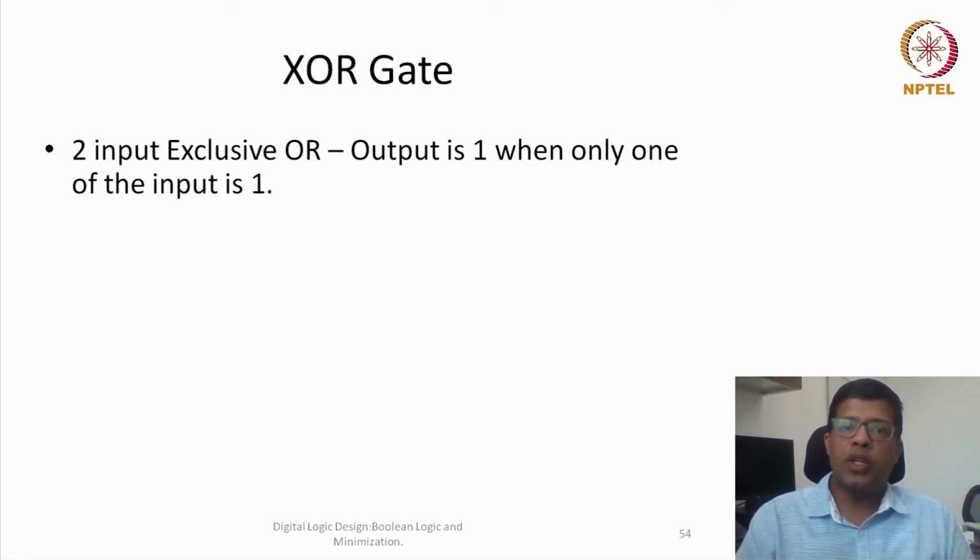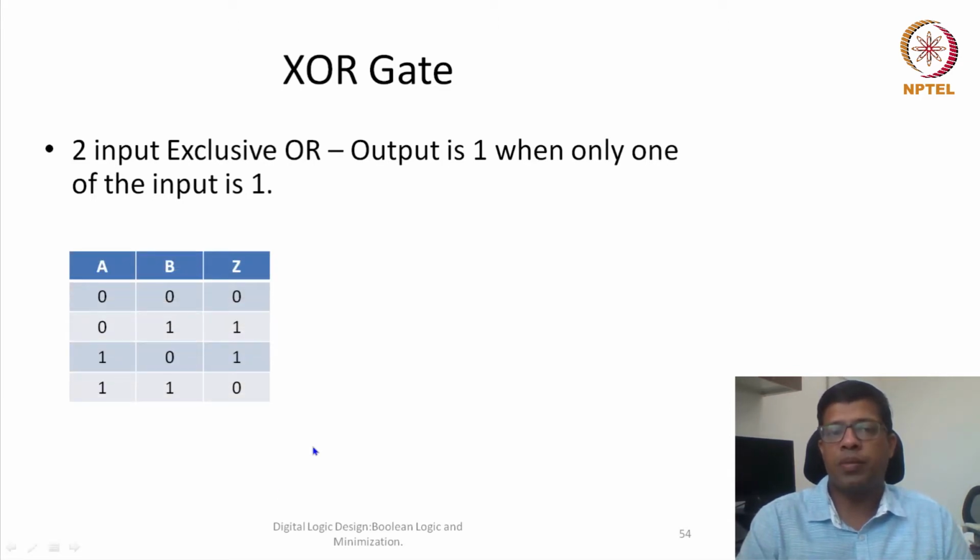If I write the truth table, only one of the inputs should be 1 for the output to be 1. When both inputs are 0, the output is 0. When B is 1 and A is 0, the output is 1. Or A is 1 and B is 0, the output is 1. If both A and B are 1, the output is again 0.